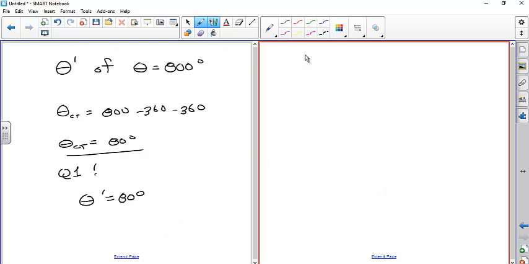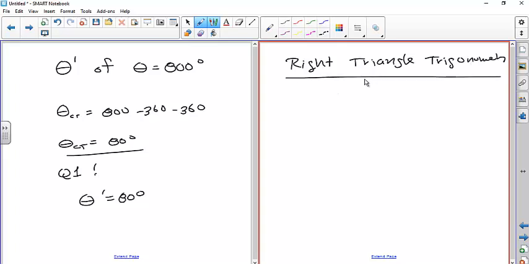The next topic is right triangle trigonometry, which isn't that much different than right triangle geometry, except you've got six trig functions. The sine of theta is the length of the opposite over the hypotenuse.